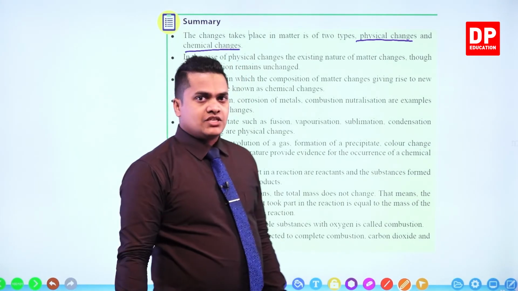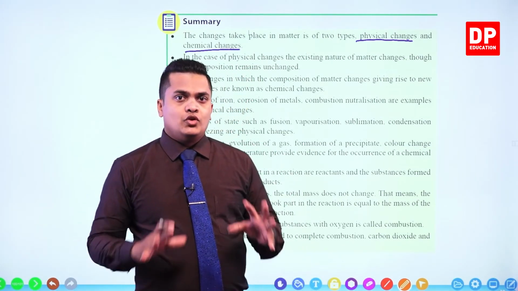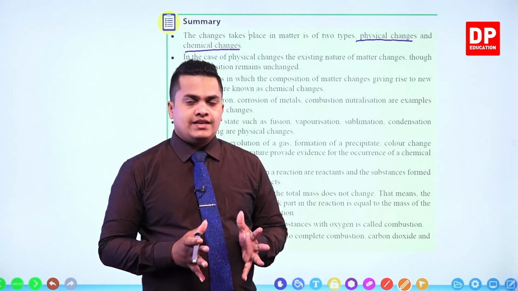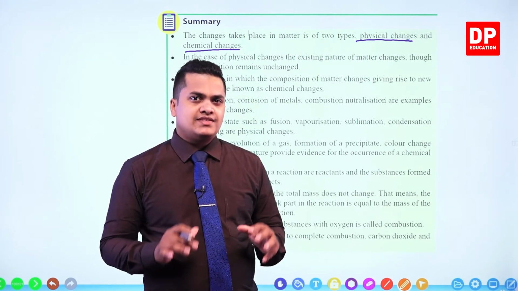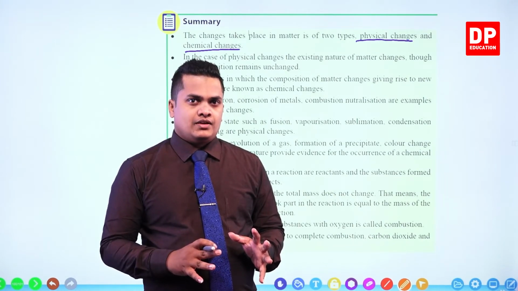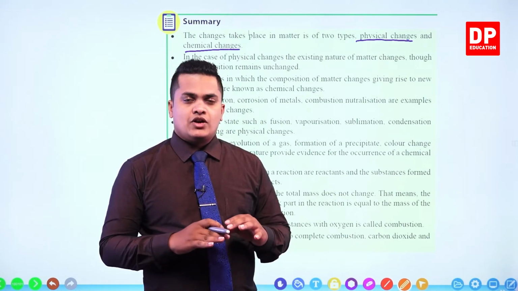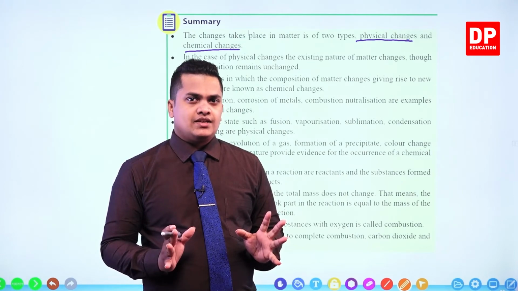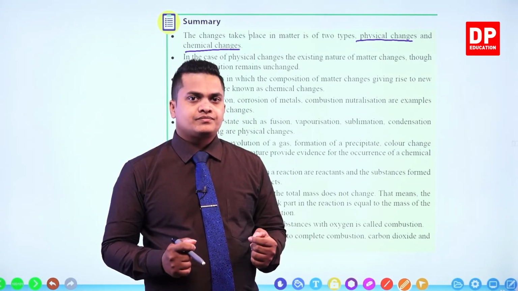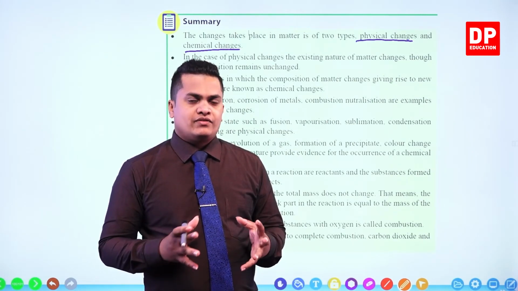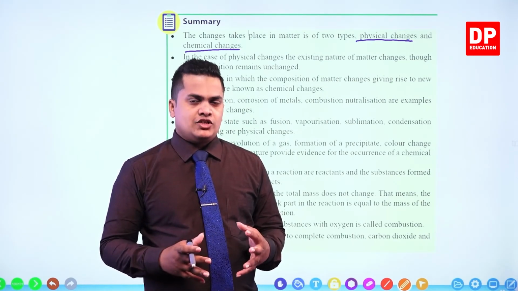In a physical change, no new substances are getting created. The initial substances remain the same. For example, a state change. That kind of thing is called a physical change.